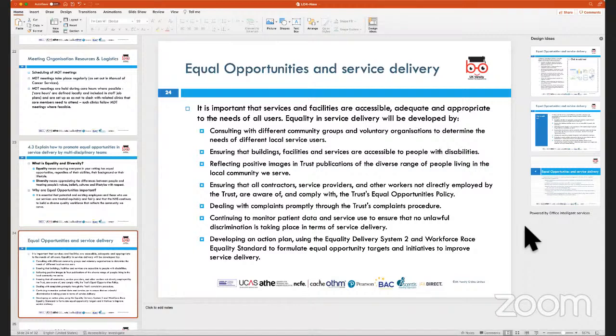So when we are looking at equal opportunities, we are looking at how different community groups and voluntary organizations can work to deliver these services at the local level. How do we ensure that buildings, facilities, and services are accessible to people with disabilities?